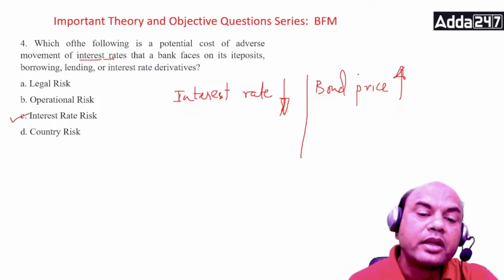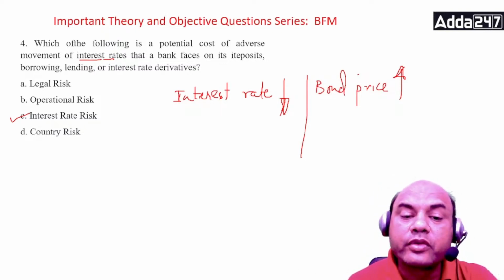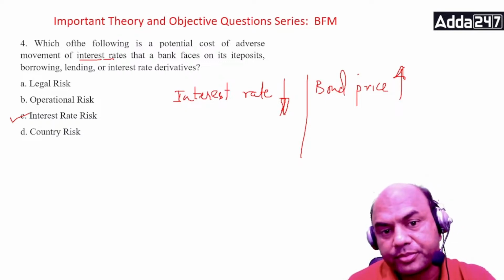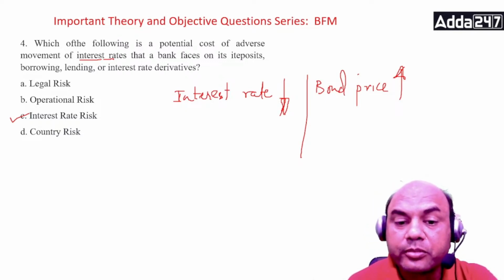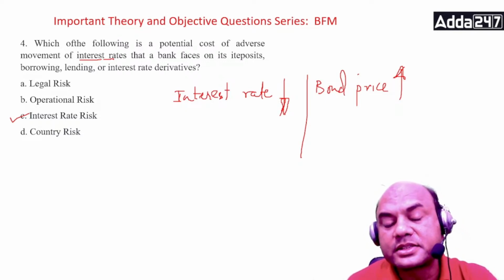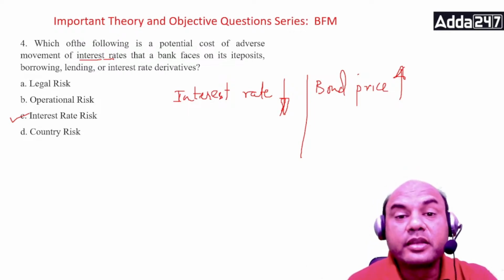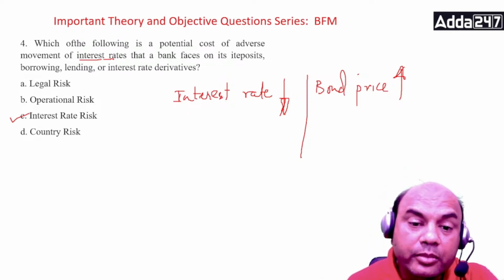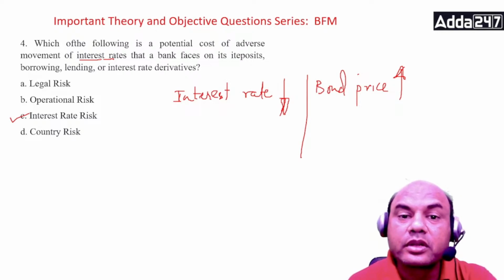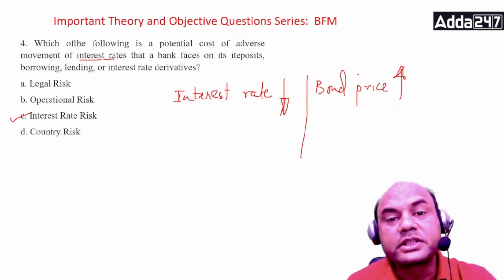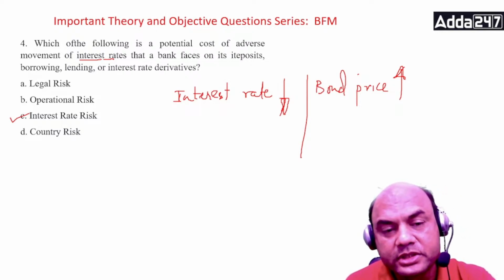Second point, interest rate down means what? The rate of interest for the loans will go down. So loans going down means what? Bank will earn less in this case. There is also an effect on the economy as such. If the interest rate goes down, the loan rate goes down. So customers will take more loans. Companies will borrow more loans.